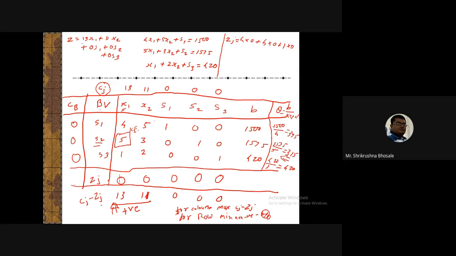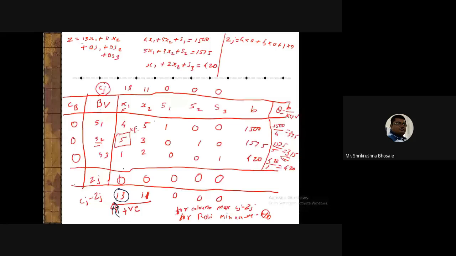Cj minus Zj should not contain a positive value, but here positive values are there. Out of those positive values, we select the highest, which is 13. What does that 13 value represent? It is the key column. Okay, so this first column is the key column.